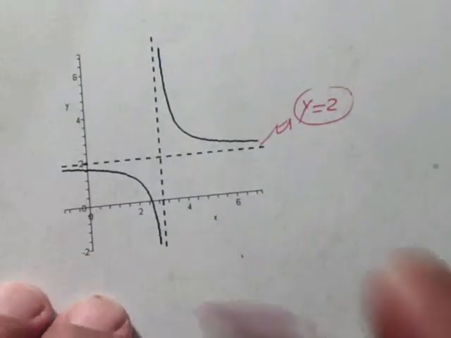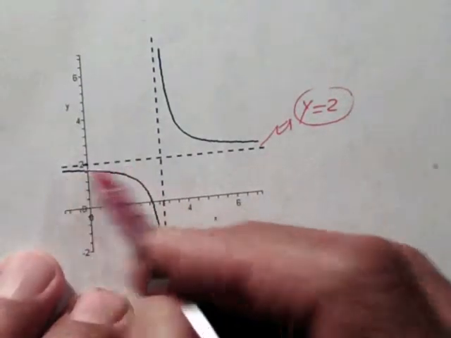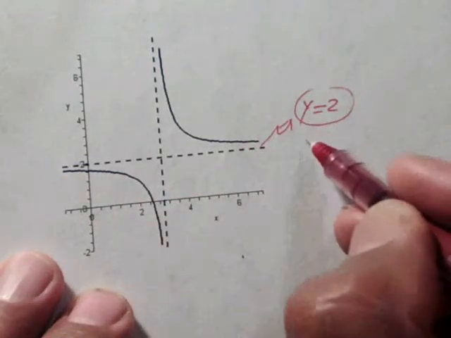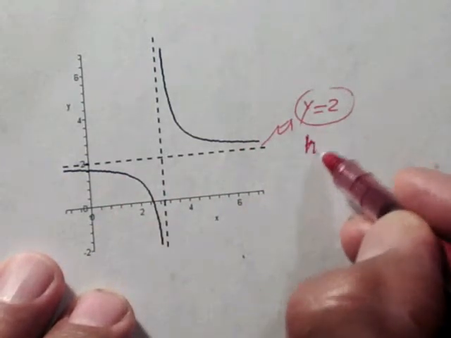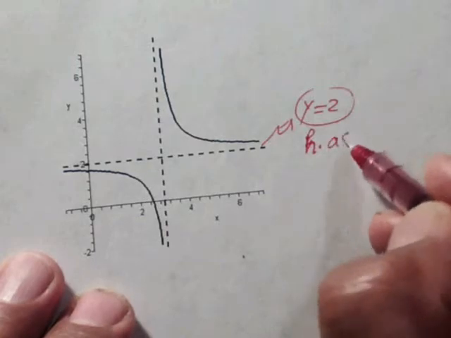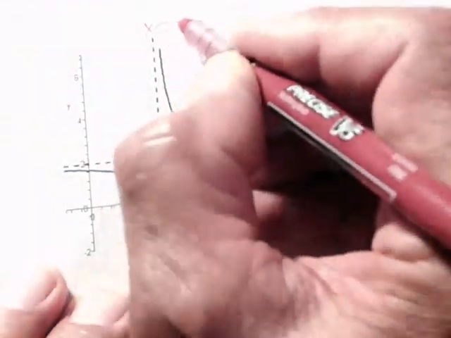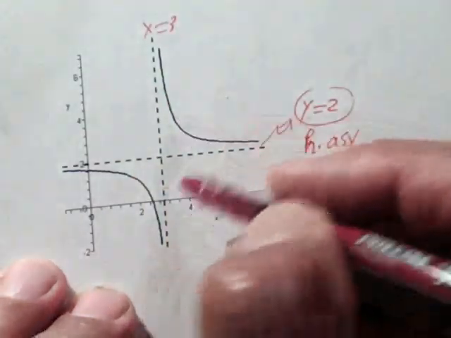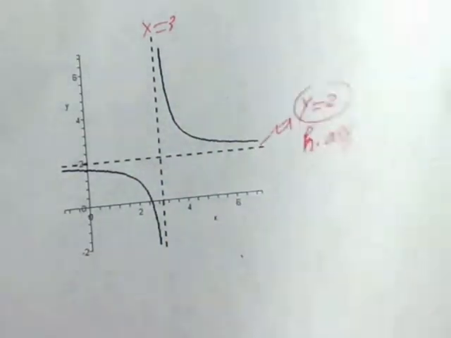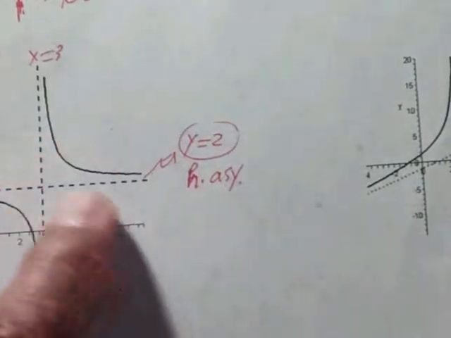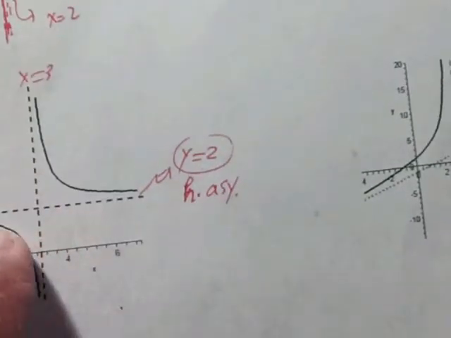The same thing here, this is another example. This is the line y equal to 2, a horizontal asymptote. This line x equal to 3 is a vertical asymptote. Okay. So this function has two asymptotes, horizontal and vertical, like this one.